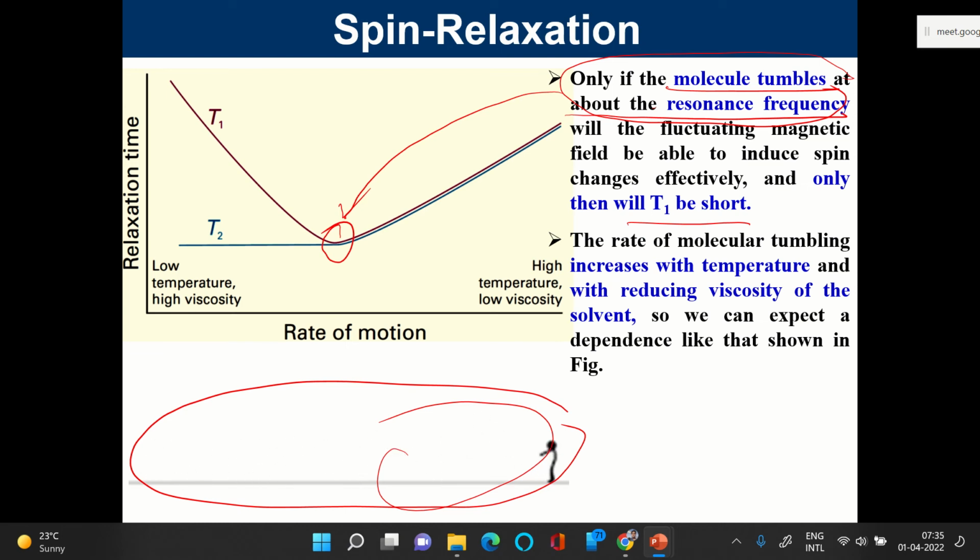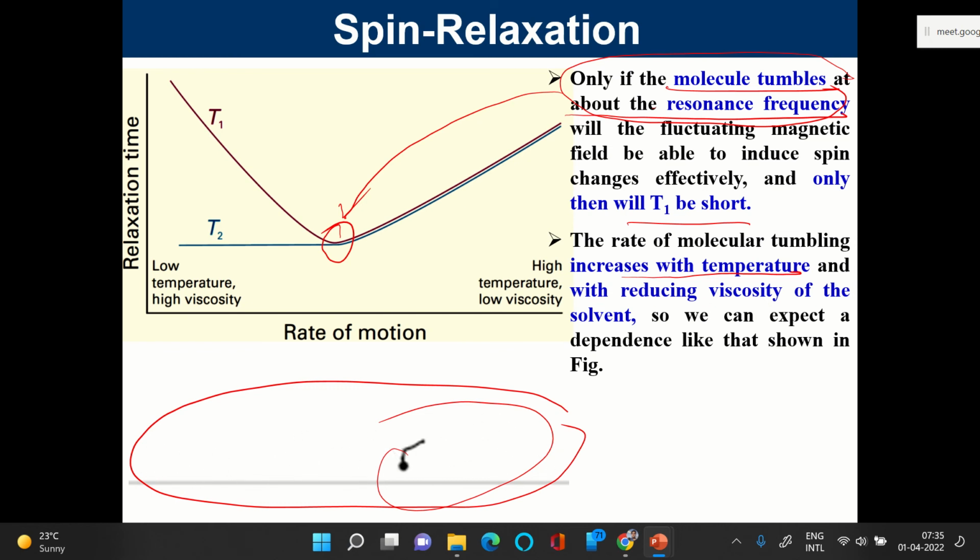If you increase the temperature, then also, just as we have discussed with viscosity, you can understand that tumbling motion can be increased by temperature. If we have the same solvent and we increase the temperature, the effect will be similar to reducing the viscosity of the solvent.